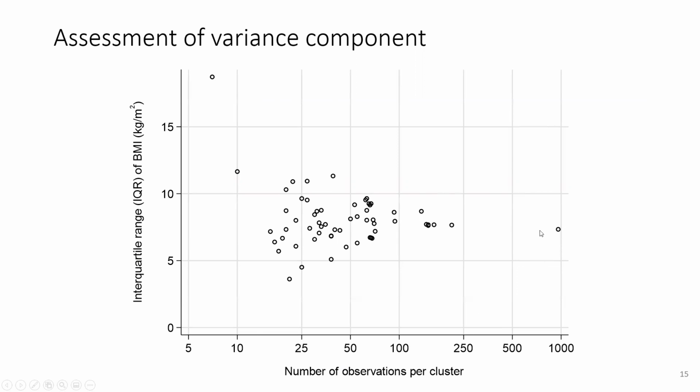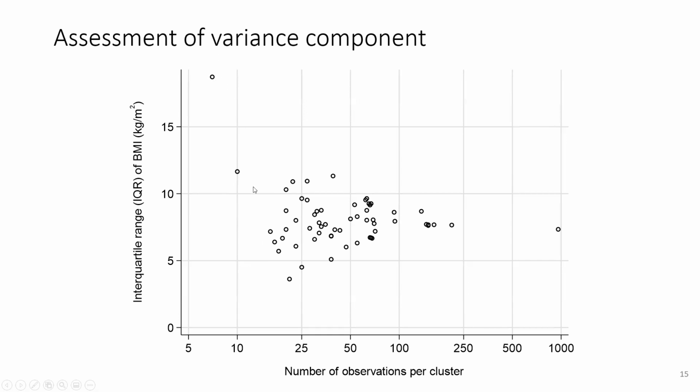When we have a large number of observations, IQR is around this area, between 7.5 and maybe 8 or 9. But as sample size decreases, IQR started fluctuating. And then when the number of observations is very small, IQR was big.